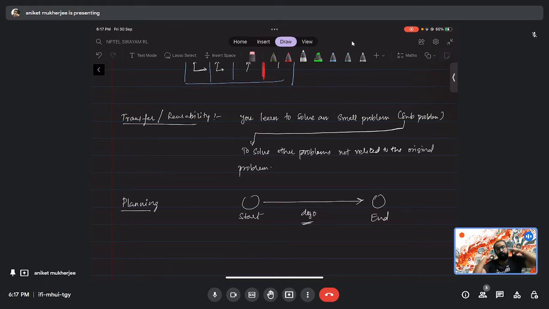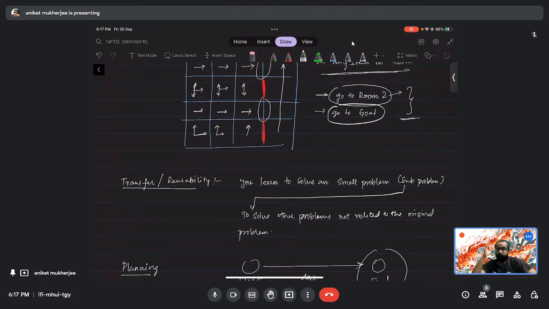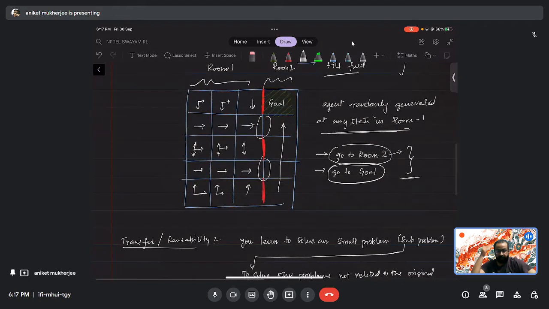But in RL, you don't know what the end point is for the agent. So you need to use reward functions to learn what the end point is. So similarly, while doing hierarchical RL, instead of hierarchical planning, for each subproblem you give a reward function and then make it learn using the normal methods which we have done till now.